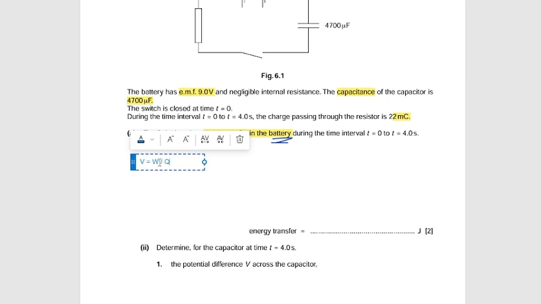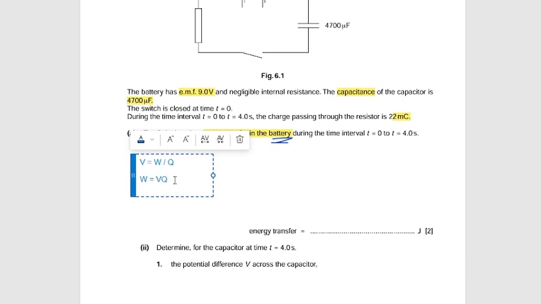Now the work done is equal to the energy transferred, so I can make this my subject and say that work done is equal to V times Q, because we're talking about the battery and not the capacitor.